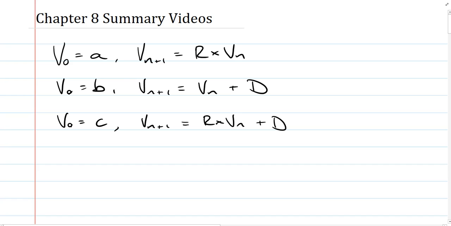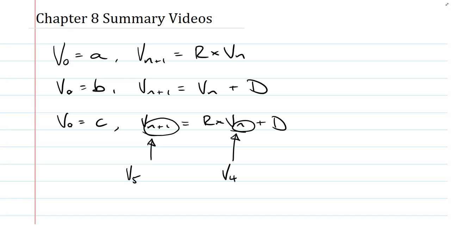So basically what they mean is to find this term, so say term number 5, you need to know the term that came before it, term number 4. So n plus 1 and n just mean the term and the term that comes after it. Generally speaking, the way that we look at it is Vn comes before Vn plus 1, which comes before Vn plus 2.